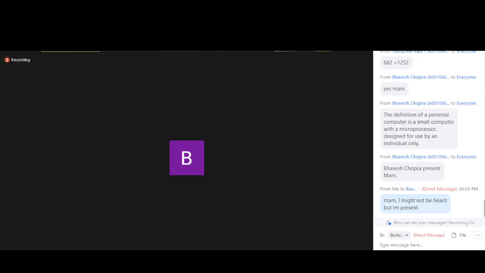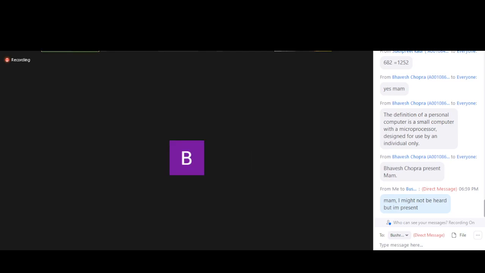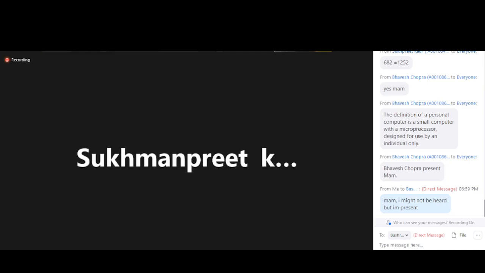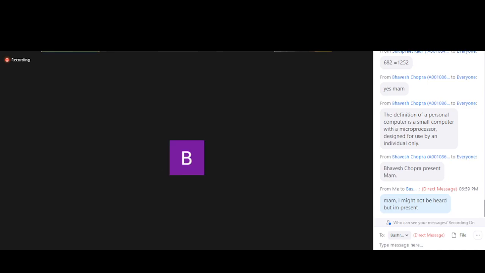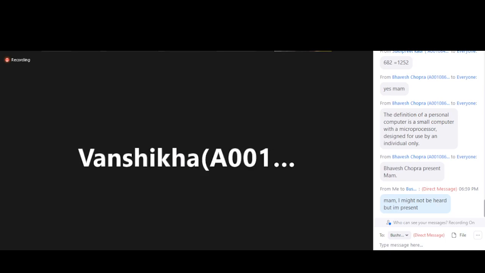Rabanpreet Kaur, present, ma'am. Simarjeet Singh, present, ma'am. Sukhmanpreet Kaur, present, ma'am. Sukhpreet Kaur, present, ma'am. Sumanpreet Kaur, present, ma'am. Vanshika, present, ma'am.